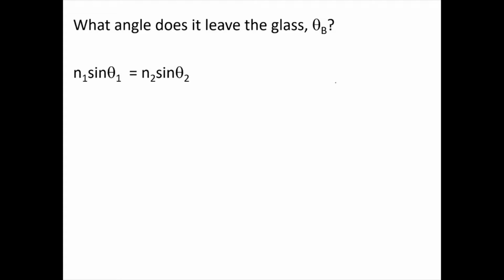Let's see. So in this case, it would be going from glass back out to the air. So we're going to have a theta here, theta in the glass, and we'll see what happens. And it should go out at a greater angle.